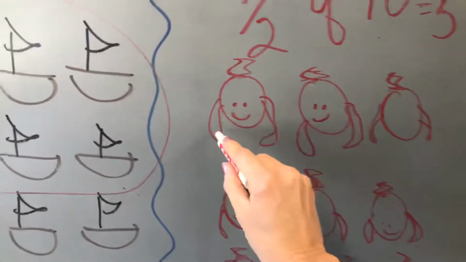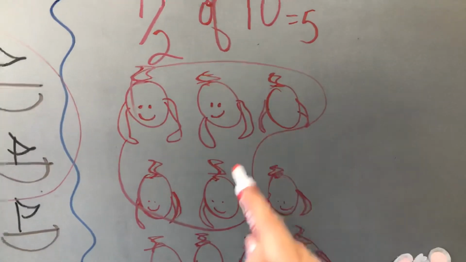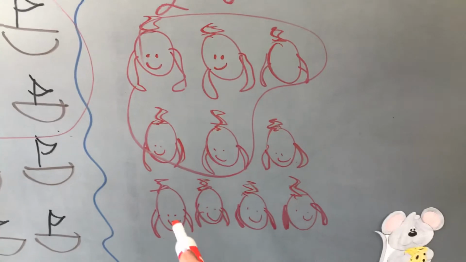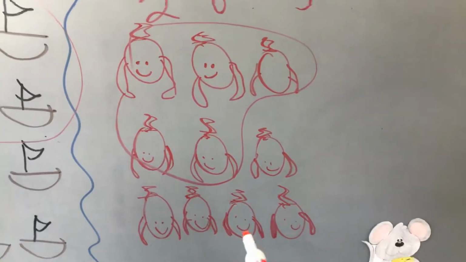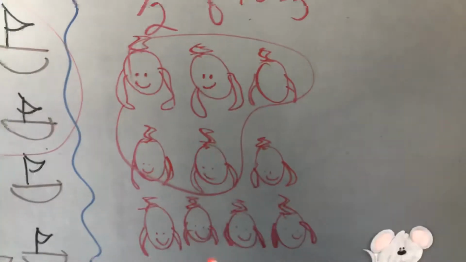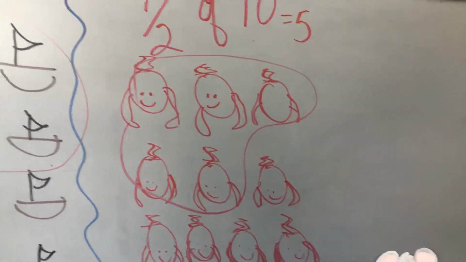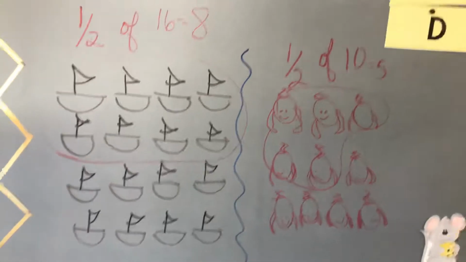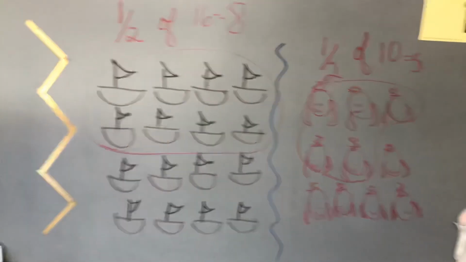So I will circle 5, 1, 2, 3, 4, 5. 5 lobsters, and I have another group, which is my second group. 1, 2, 3, 4, 5. They are both even, so in each group I had 5. So that is how you figure out 1/2 of 10, and this also was on your math page.